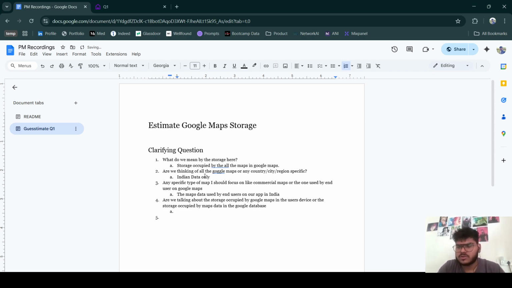So here we are talking about the second one, the storage occupied by maps data in Google's database. Okay.